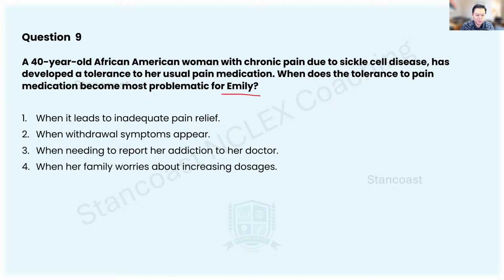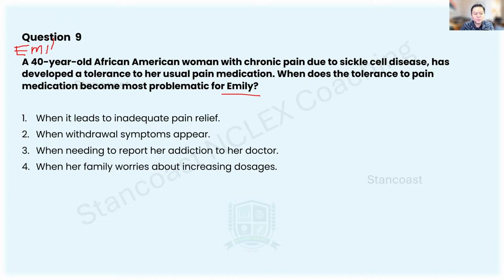Emily is the patient. For some reason, I started removing the names earlier this morning because I thought maybe I needed to, and I forgot to remove the rest of the name. So basically, that is the patient that we're talking about. So what is in option number 1? When it leads to inadequate pain relief, what does that mean?